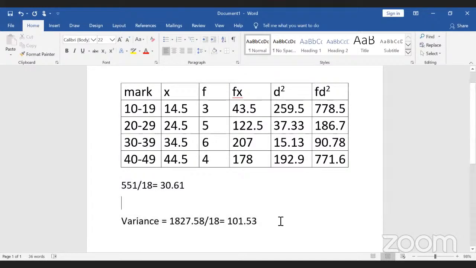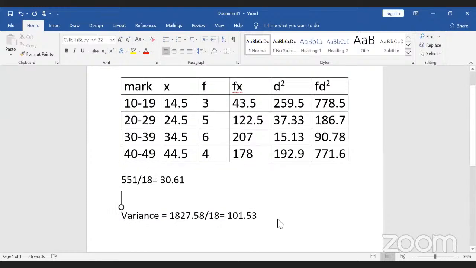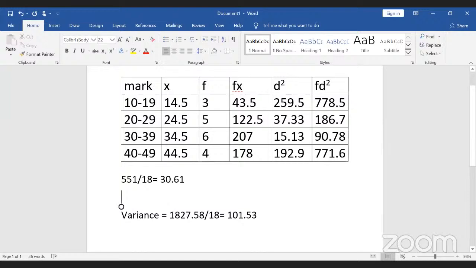That will be the variance for that group data. Remember, the procedure is the same as the non-group data, only that for group data, each class has a certain number of students, not like the non-group data where each mark was coming from a single student. So that's why we are just saying sigma D squared over n.